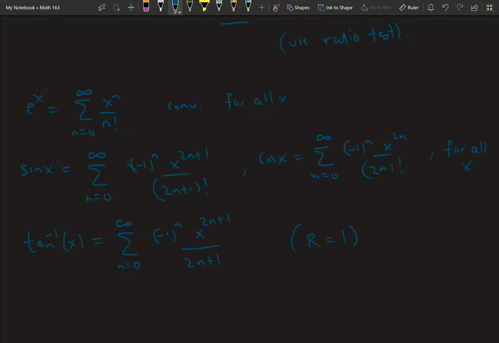And you can check the interval of convergence here. I believe, let's see, if we plug in negative 1, we just have a negative 1 times this. Plug in positive 1, so this is actually the closed interval here. And then we also did the ln of 1 plus x, which was negative 1 to the n, x to the n plus 1 over n plus 1.